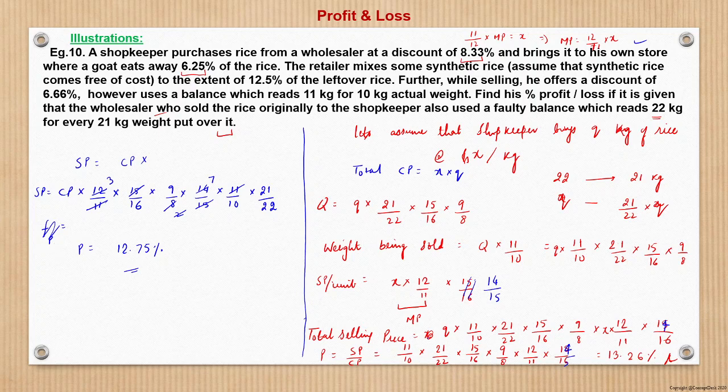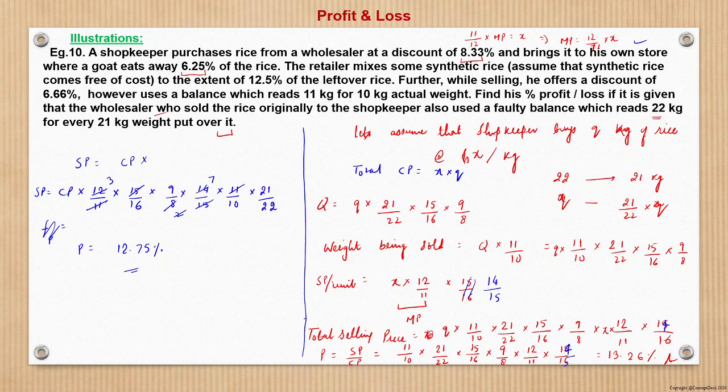This I also solve and write the answer. Let us see whether we get the same answer. Essentially, we should get, because we are doing the same thing, 21 into 15 into 9 into 12 into 14 divided by 10 divided by 22 divided by 16 divided by 8 divided by 11 divided by 15.